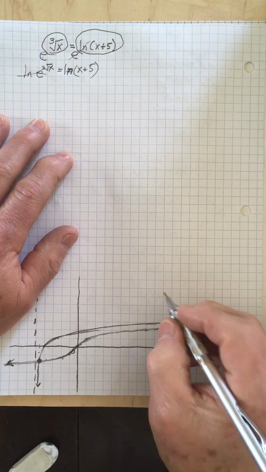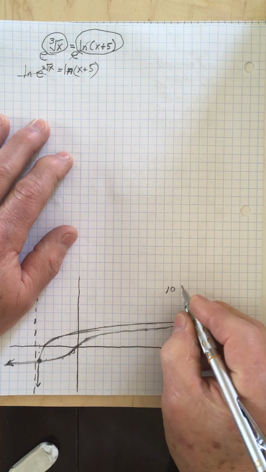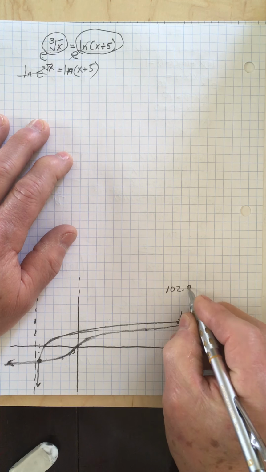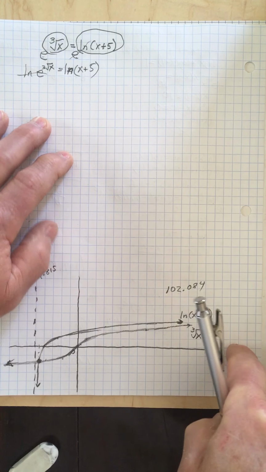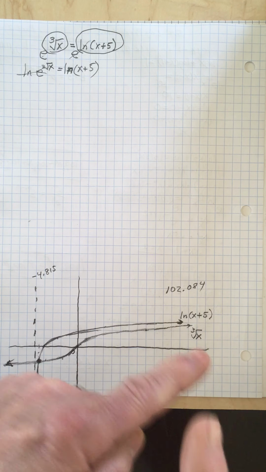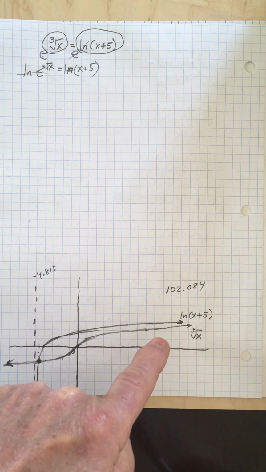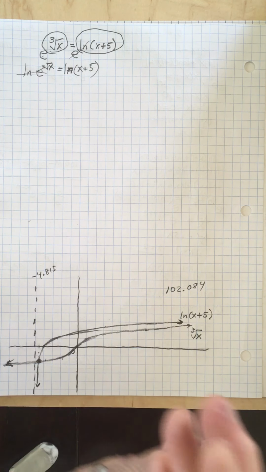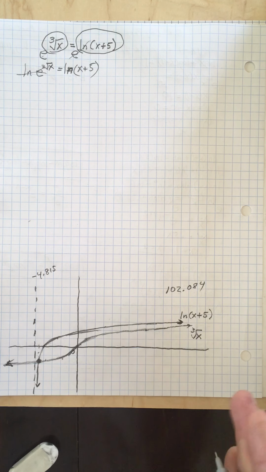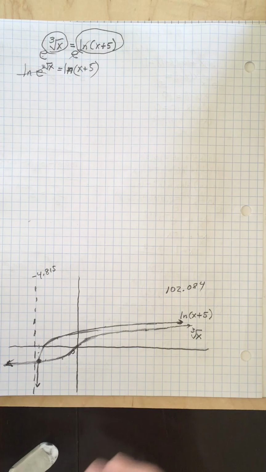But it doesn't happen until you get clear out to 102.084. So somewhere way out here, these things actually cross. Once they cross, that's it. Because this will continue to grow at a faster rate than this one, so they'll never come back. So you would actually get two solutions.